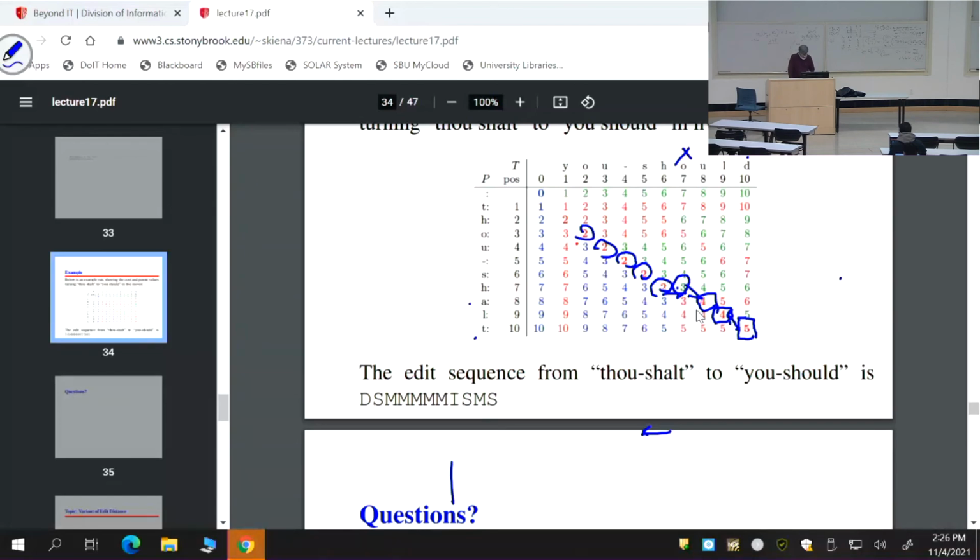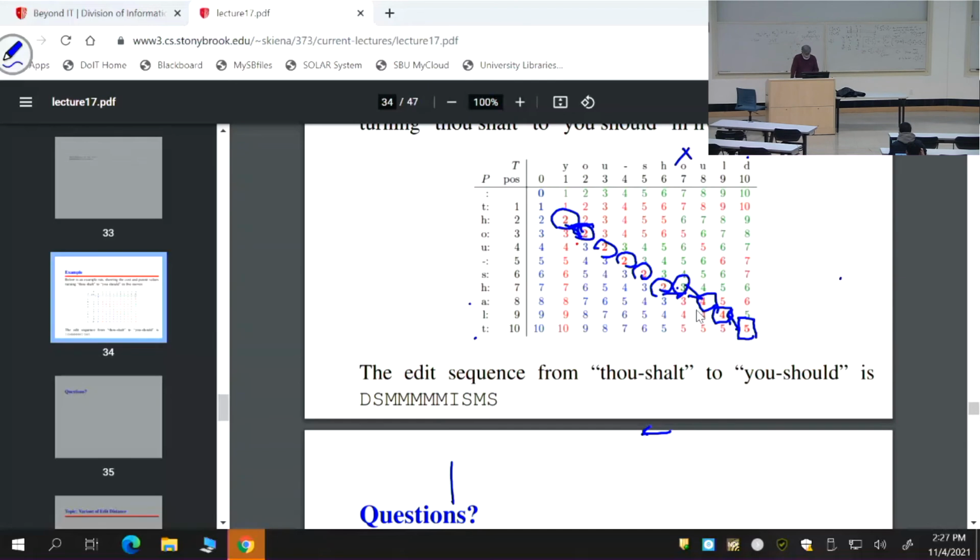Now I've got a choice. What is the best way I can go from here? I'm a little bit confused about where I am now. But according to this, once I do the match of the O to an O, I get back to this cell. What was the way I got to this cell?